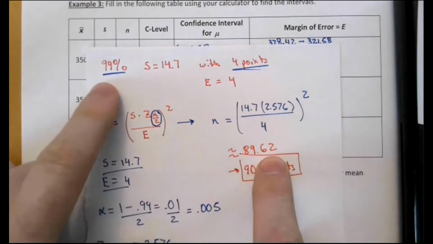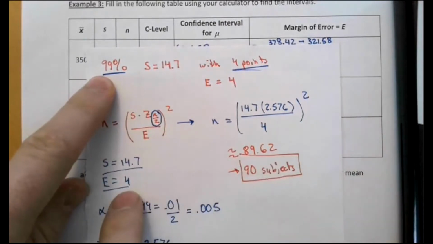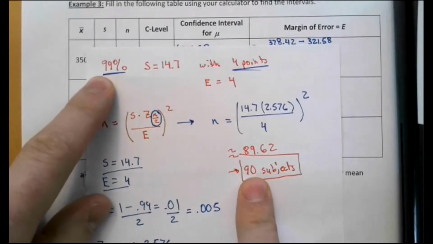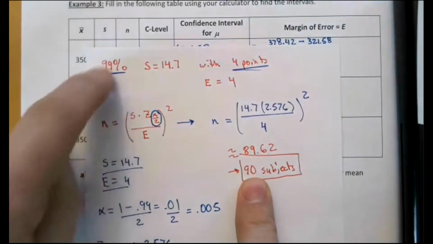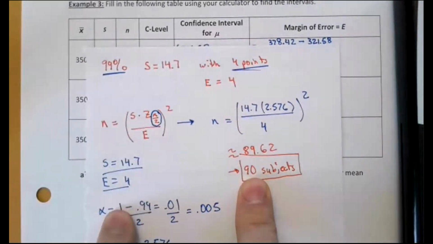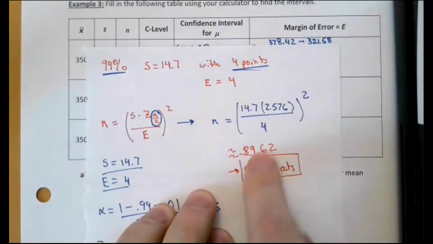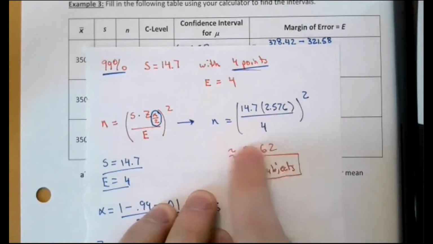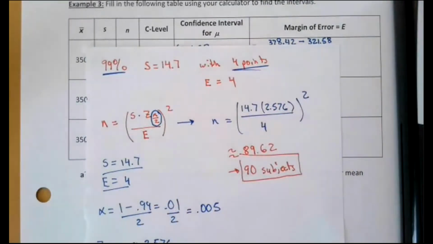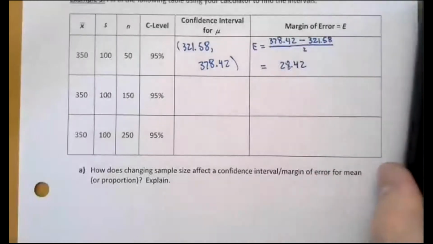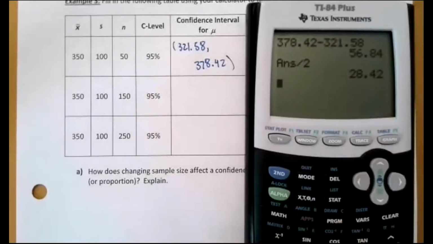It wouldn't be this confidence level at this margin of error. So having more subjects will guarantee that you're within this amount. Having less makes you fall away from that. So that's why you always add 1 to your sample size, unless it's exactly 89.0000. I don't know if that helps. Yeah, thank you. Good.